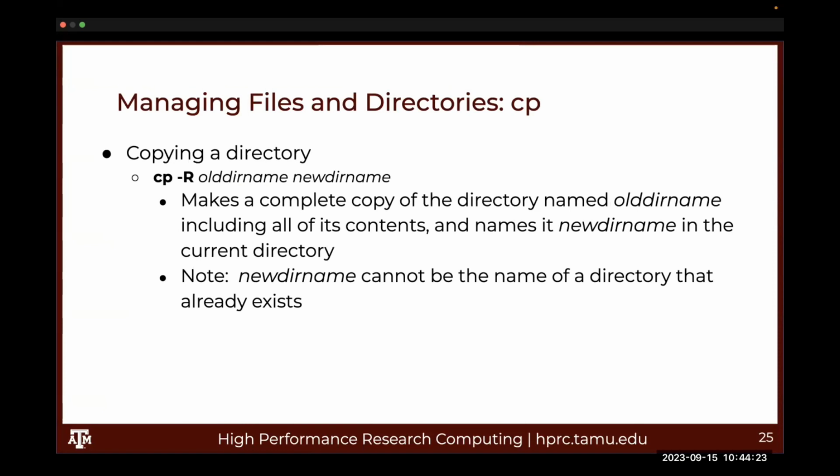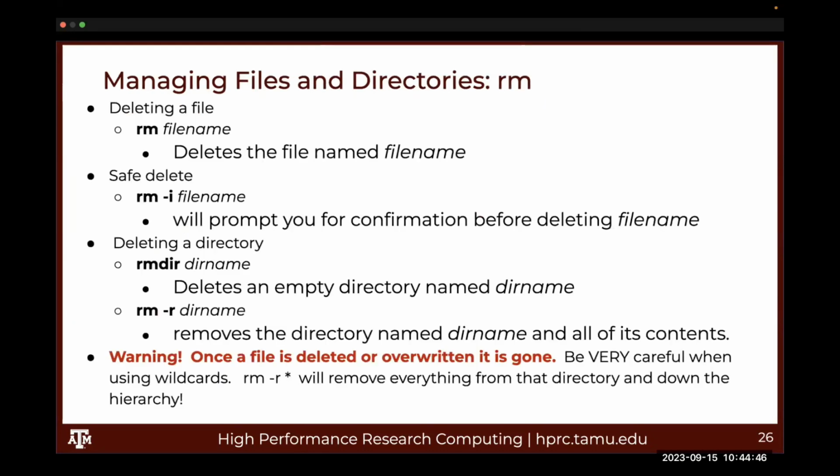Another flag is the -r, which makes a complete copy of the directory, including all of its contents, and names it to a new directory name. -r means recursive, so it's going to get all the subdirectories and all the contents.